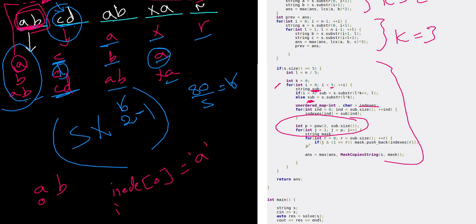Then for every possible combination, let's say we have 1, so this is a mask. 1 represents the binary 1, that means this bit index is 0.